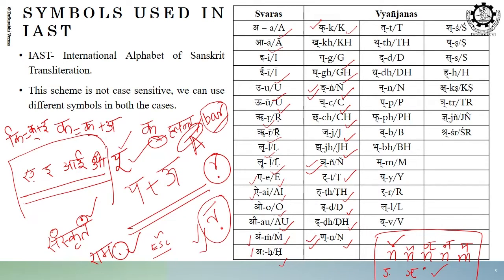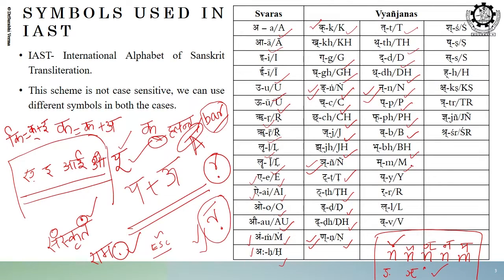After this we have the ta group: that is t, simple t without a lower dot, that is ta, tha, th, then da, d, dha, dh, na, n, plain n without any other marker. Then the last is the pa varg or pa group: pa, p, pha, ph, ba, b, bha, bh, ma, m, plain m without any marker.